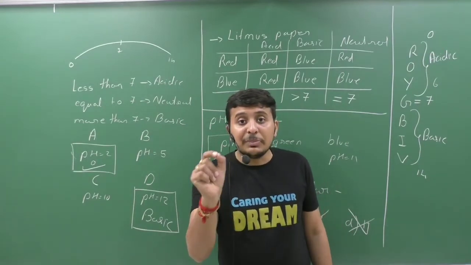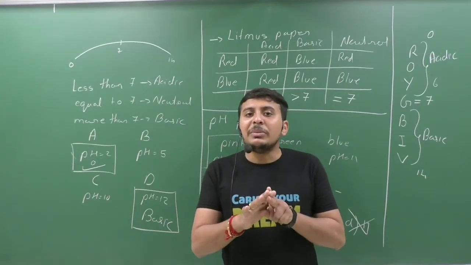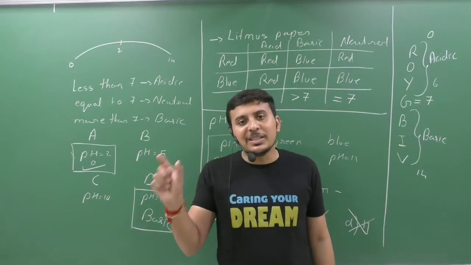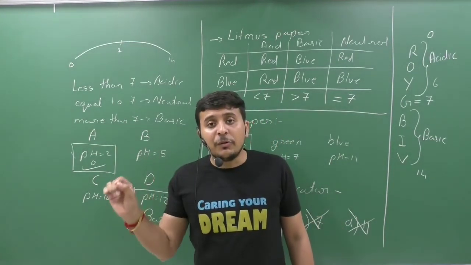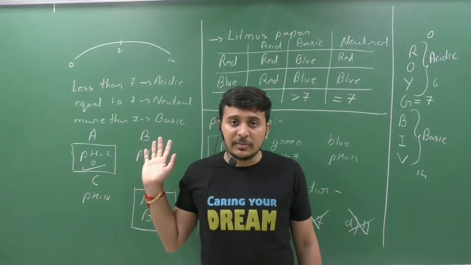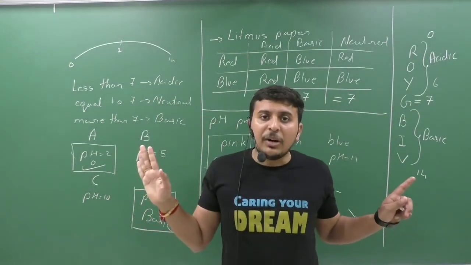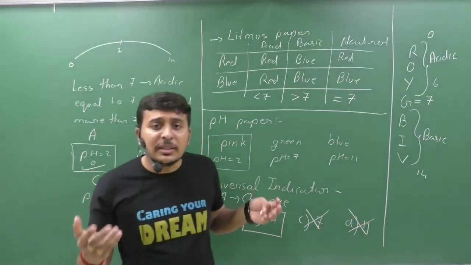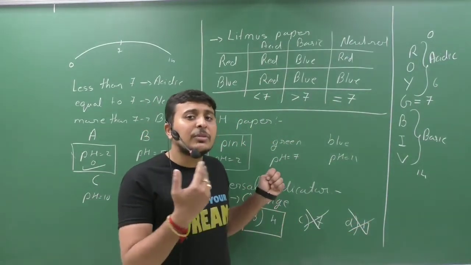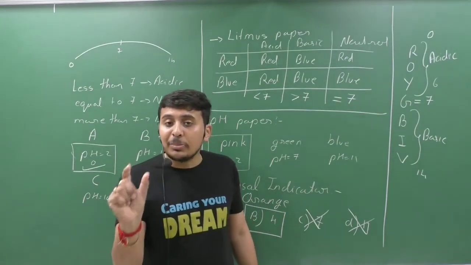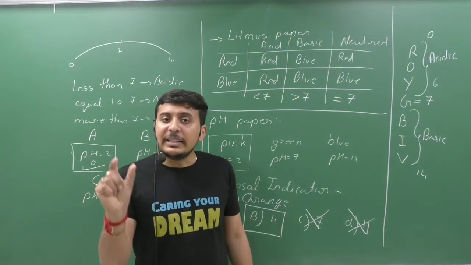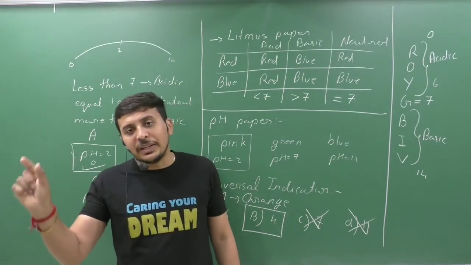So nothing to remember except that by using pH meter we can find the exact value of pH of any solution. Clear? That's it. How to use it, how does it look like, how to remember it, how to perform the activities, nothing needed. Just by using the pH meter we can find the exact value of pH of any solution.